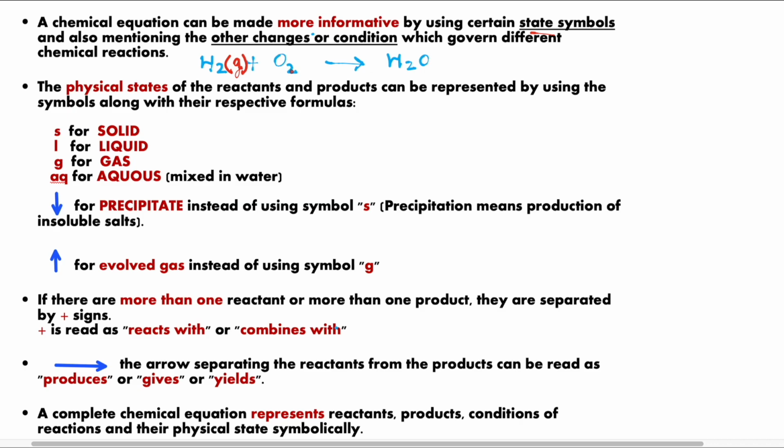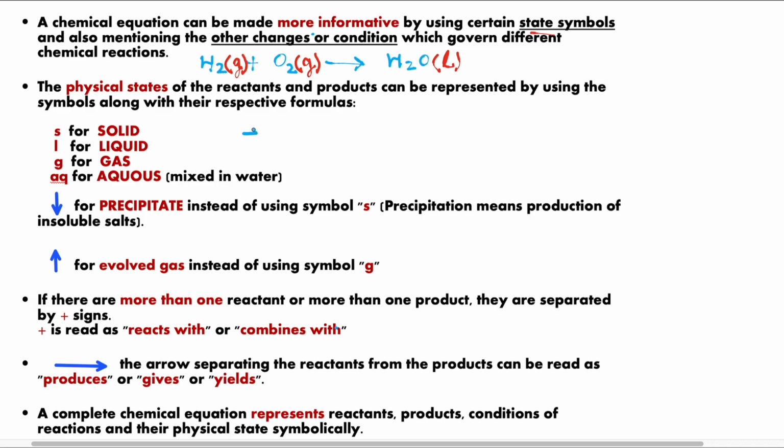Similarly, oxygen is an element which is again gaseous, so it is represented by the symbol g within brackets on the right side of the symbol. This arrow pointing from reactants towards the product side is read as yields, gives or produces. And this H2O is one molecule of water, and water is liquid in state, so it is represented by l within brackets.